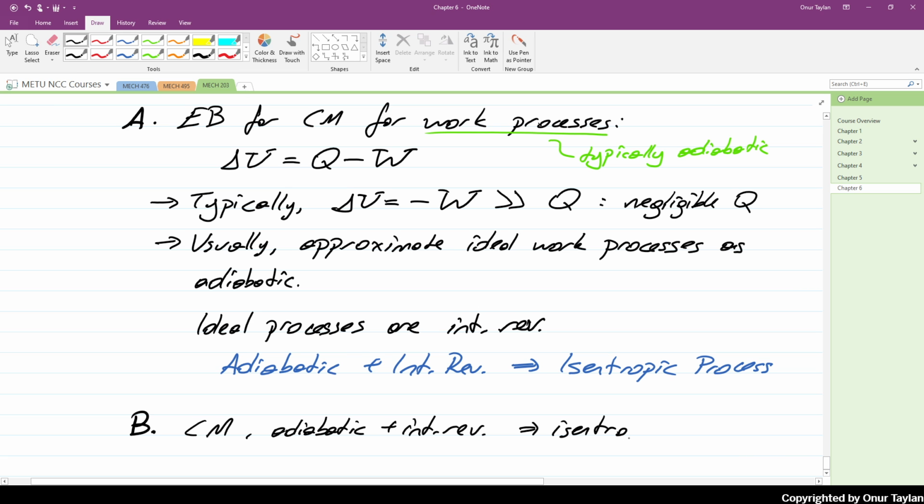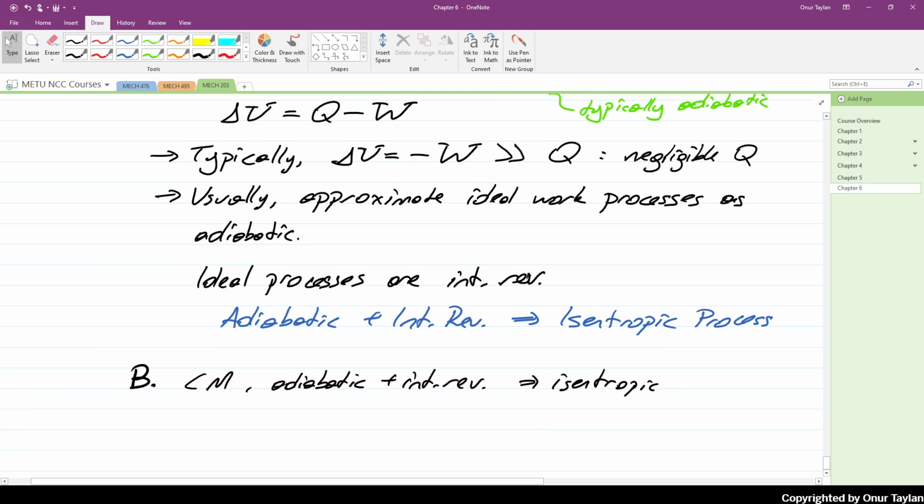Let me rewrite this one. Typically you know the initial condition, but you don't know the final condition. If you remember the cycle example that I did in the previous videos, that's what we had.